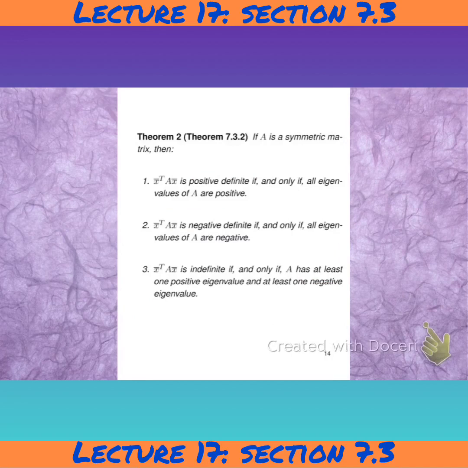Right, Theorem 7.3.2 just states that if A is a symmetric matrix, then this is positive definite if and only if all eigenvalues of A are positive. And also that it is negative definite if and only if all eigenvalues of A are negative, and that it is indefinite if and only if A has at least one positive eigenvalue and at least one negative eigenvalue.